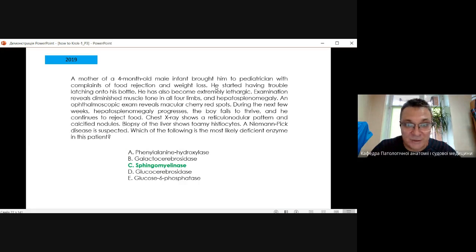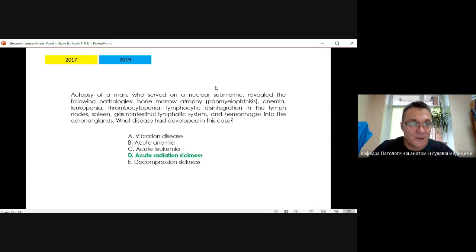That's the question about Niemann-Pick disease, and in this case, you should answer the responsible enzyme, the anomaly of which, the abnormal function of which, is associated with this disease. That's sphingomyelinase, because Niemann-Pick belongs to the group of the diseases we call sphingolipidosis.